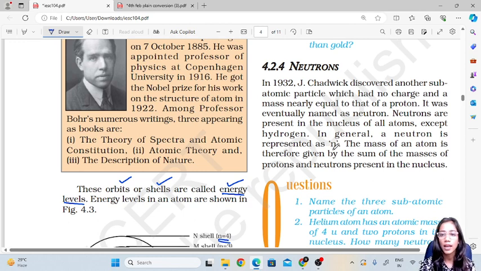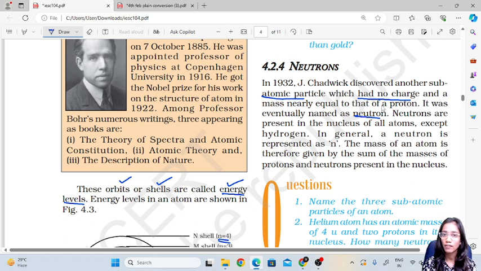Now another scientist, J. Chadwick, discovered another subatomic particle which had no charge. No charge means it was considered to be neutral. So it was named as neutron. From that the name came, the neutron.